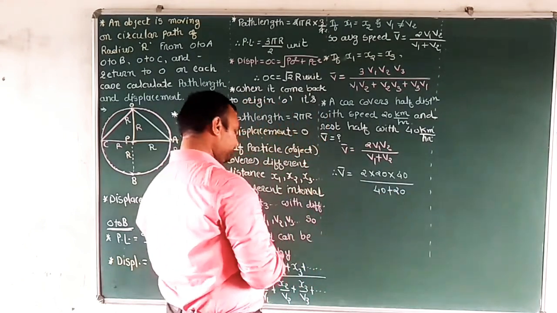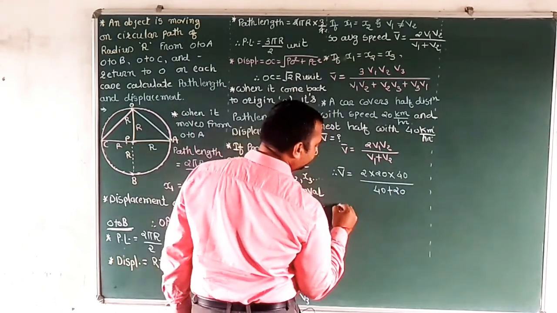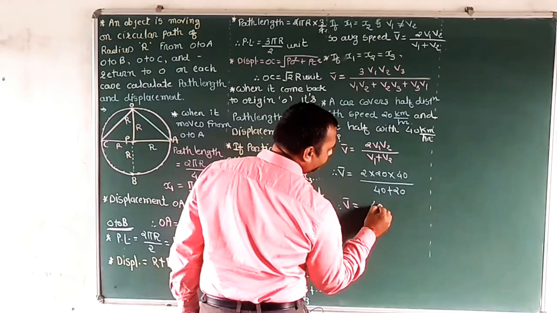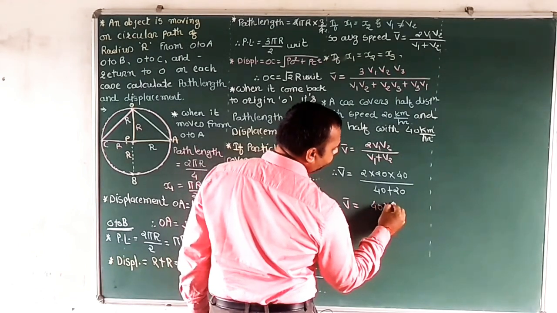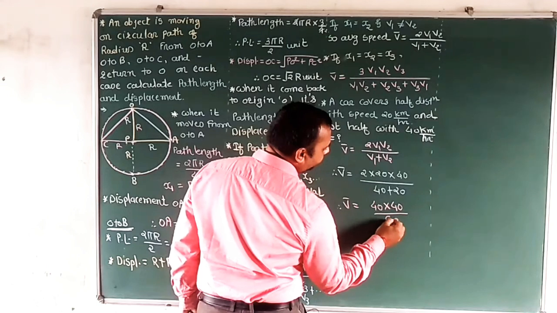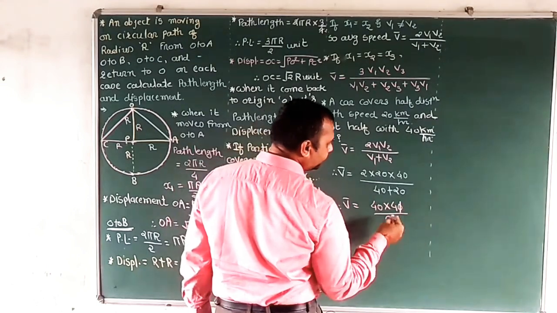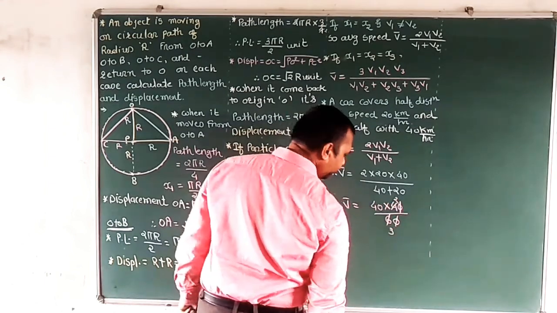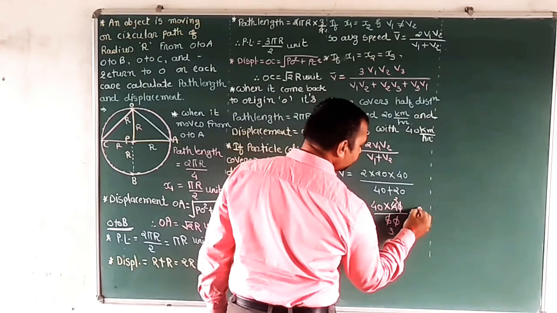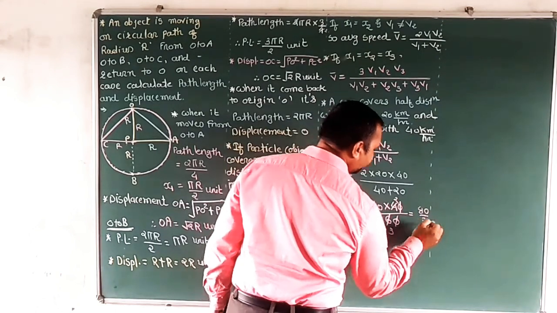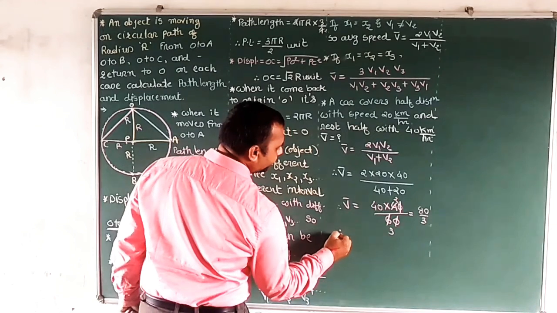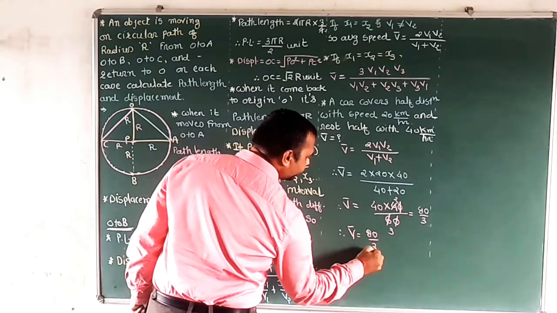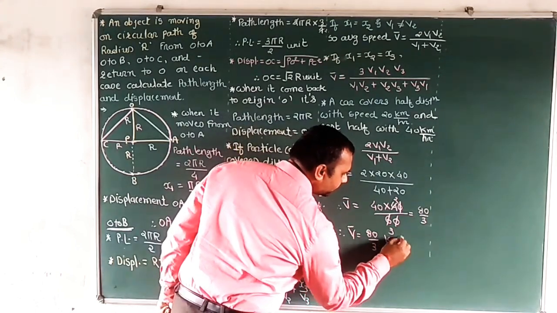So that is V bar equals 40 multiplied by 40 divided by 60. Okay, and then cut it out over here. So 40 then 80 by 3. Okay, so therefore average speed is 80 by 3 kilometer per hour.